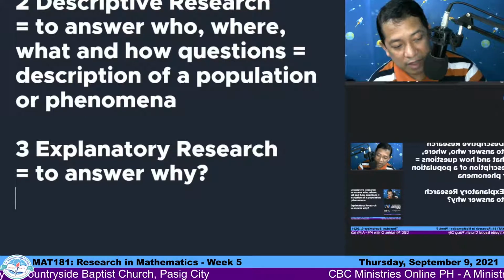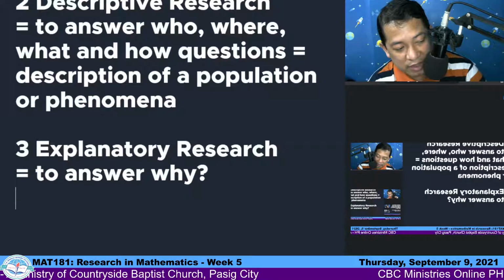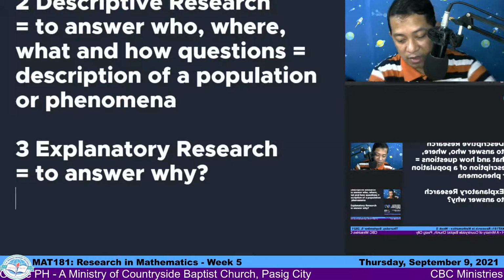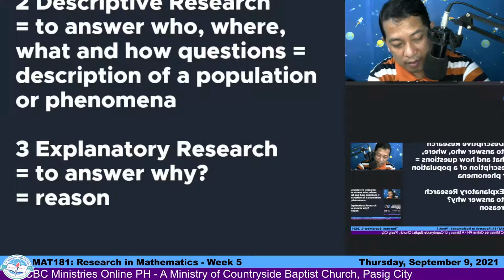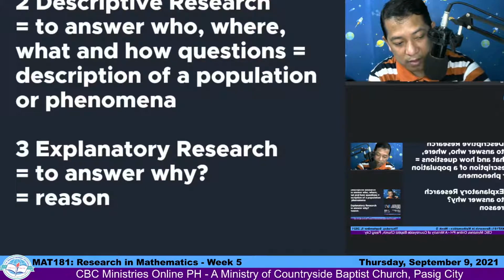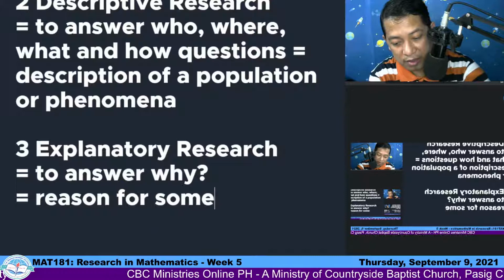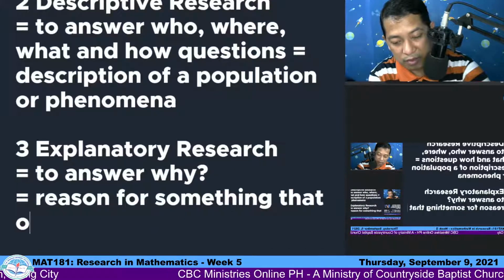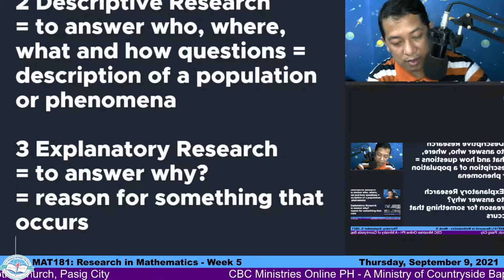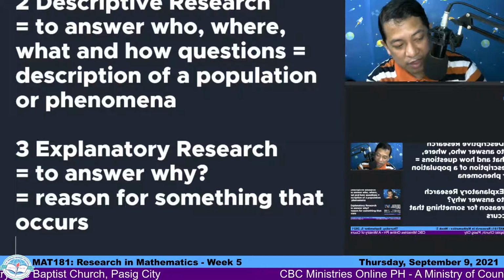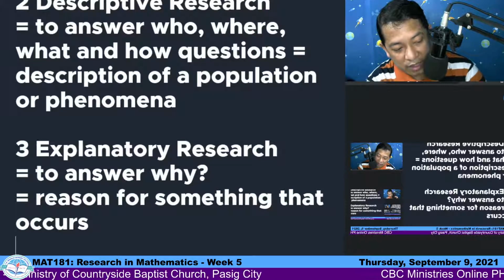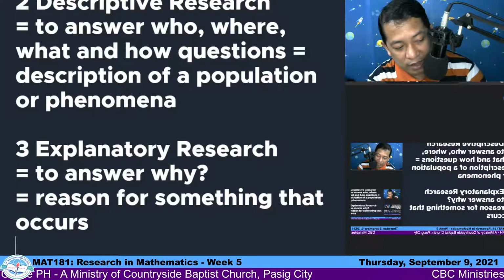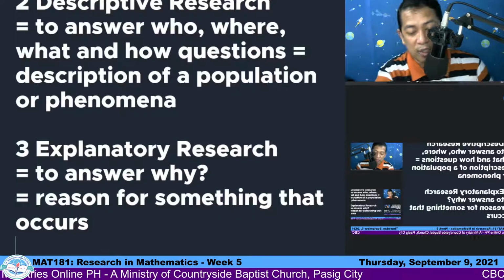Okay, descriptive research and goes on to identify the reasons for something that occurs. So the reasons for something that occurs. Exploratory research looks at causes and reasons. For example, researchers are interested in learning why some children bully other children. The why.